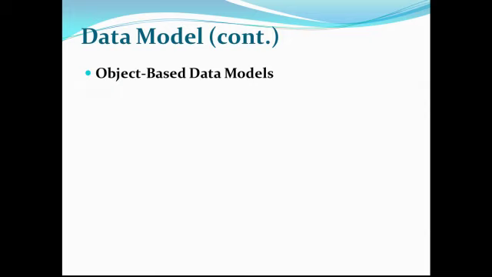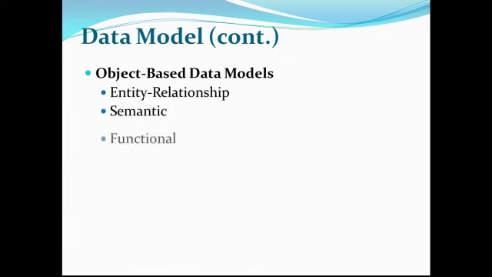Some of the more common types of object-based data models are entity relationship, semantic, functional, and object-oriented. The entity relationship model has emerged as one of the main techniques for conceptual database design and forms the basis for the database design methodology used in this book.